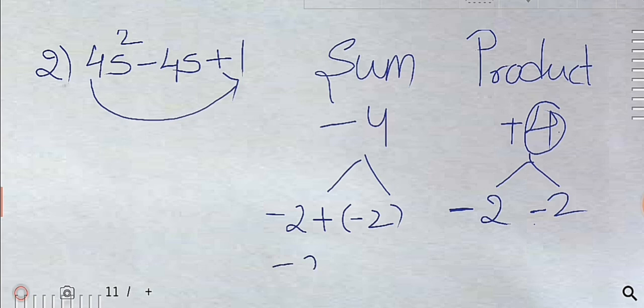When we have the same sign we have to add, then 4 with the same sign, that is minus. So we are getting minus 4. This is how we find the factors.